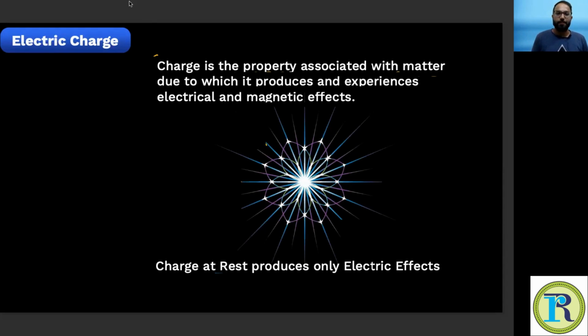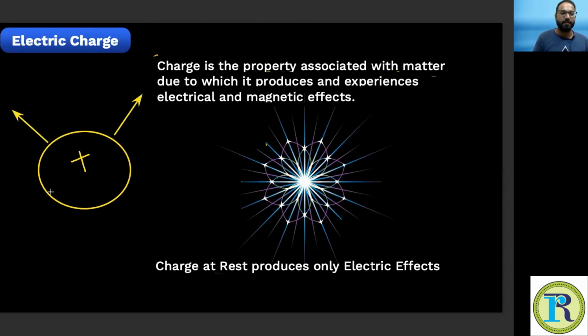If there is a charge, then because of the presence of this charge there will be an electric field around it.